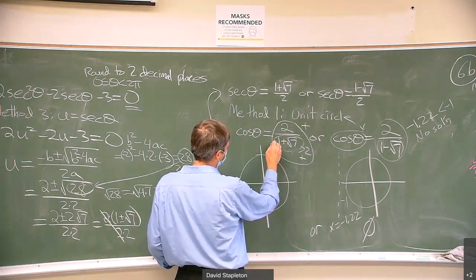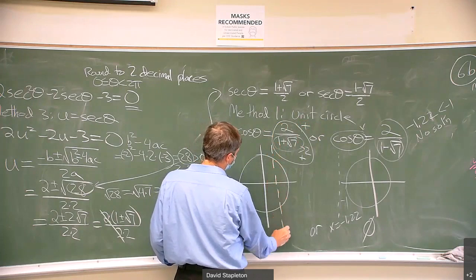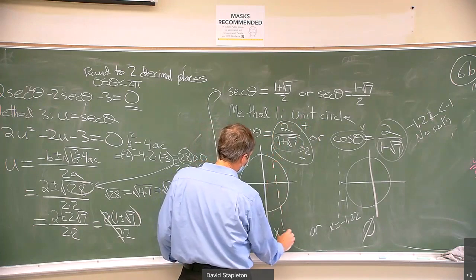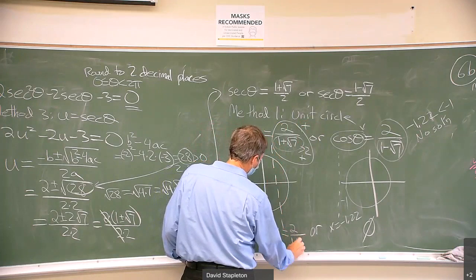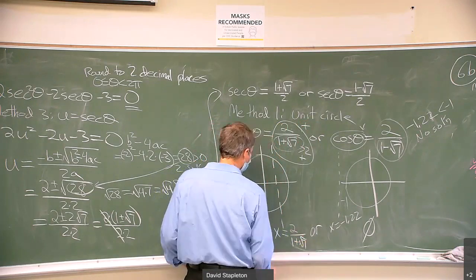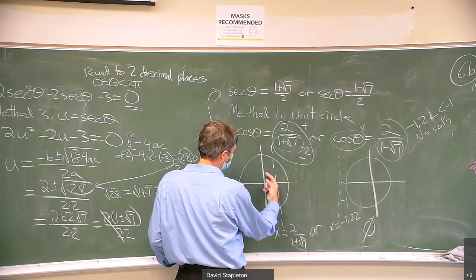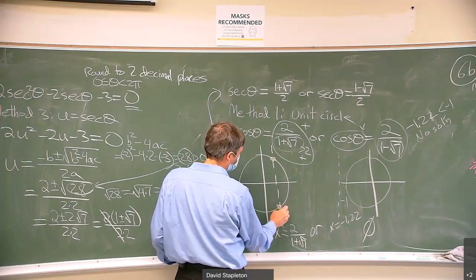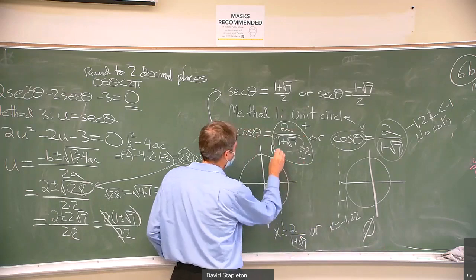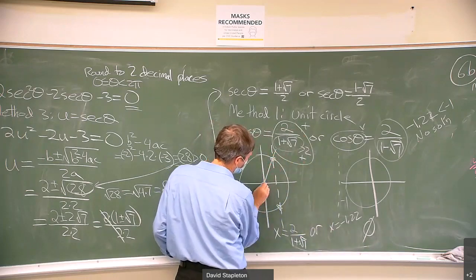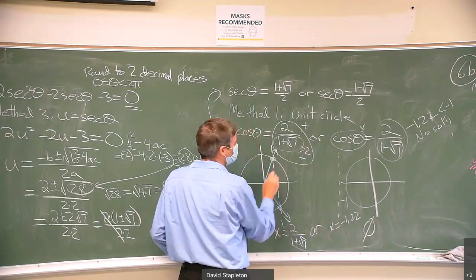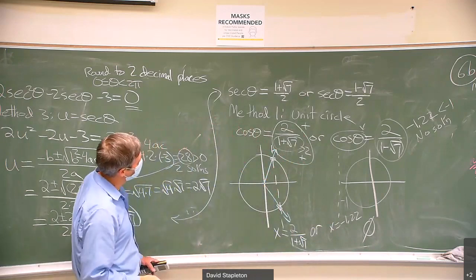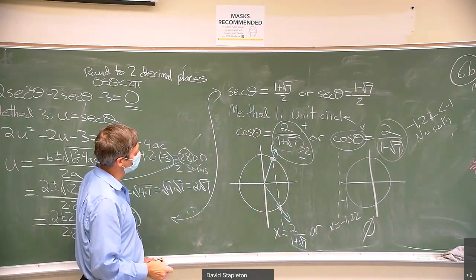I can draw a line anywhere; it won't matter if it's not real accurate. Suppose this is x equals 2 over 1 plus square root 7. Wherever it is, x is positive but less than 1. And so I'll get 2 intersection points in the unit circle, hence 2 terminal rays, and that's it. Only 2 possible terminal rays.